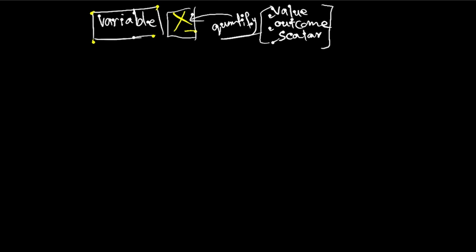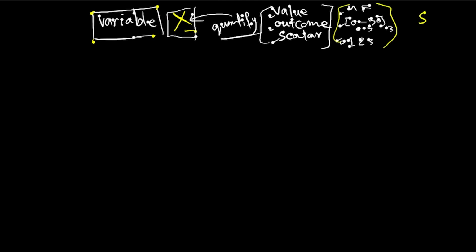Now, take for example, if I am looking at the gender, maybe the possible value or outcome or scalar, whatever you call it, could be, for example, male or female. Imagine if the X happens to be a speed, some interval from 0 to 50. These are possible forms this value can take.